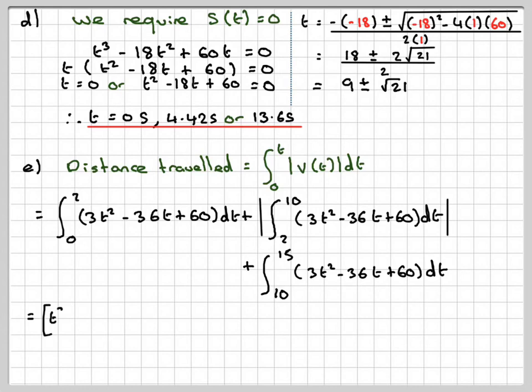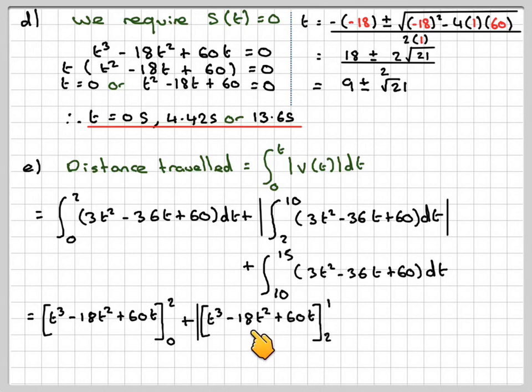We don't need to actually integrate it, because we know this will give me the displacement formula, which was given in the question. So these are the things I need to work out. Just work these out individually.